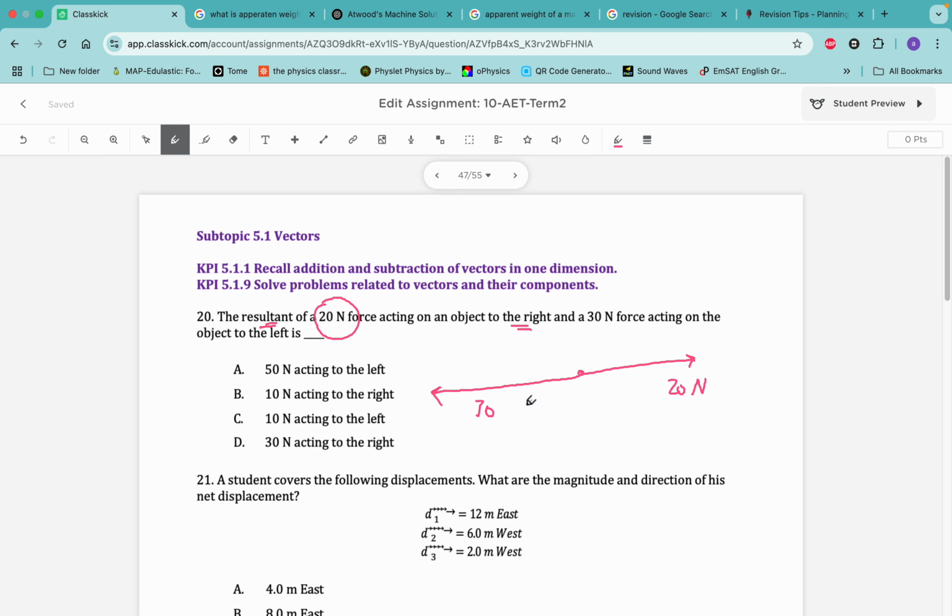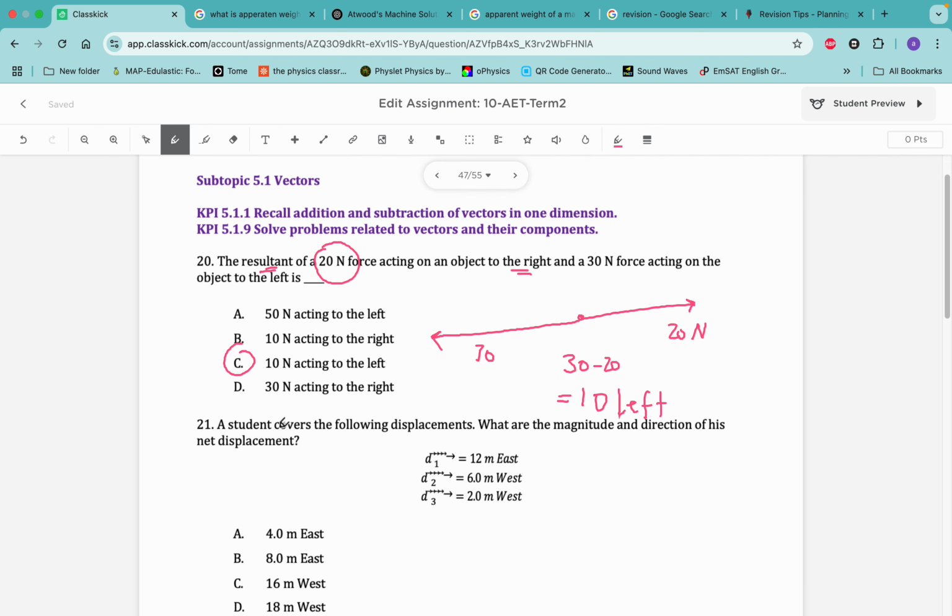Since these two vectors are in one dimension but opposite directions, we can just subtract 30 minus 20, it gives 10. Which one is longer, right or left? Of course left, so 10 to the left. This is the correct answer, 10 to the left, C.